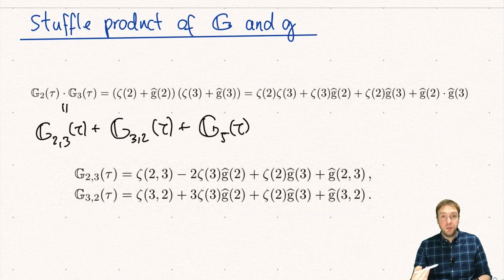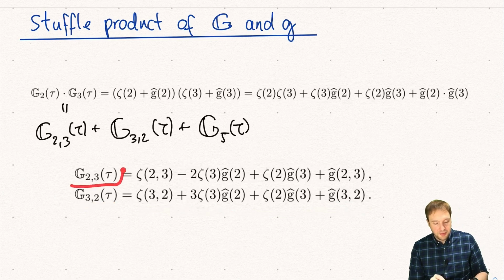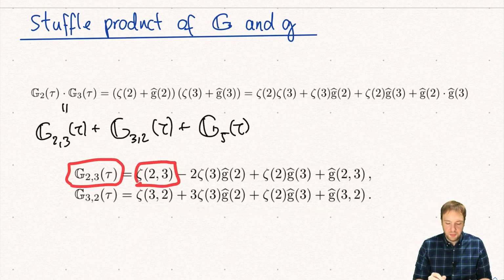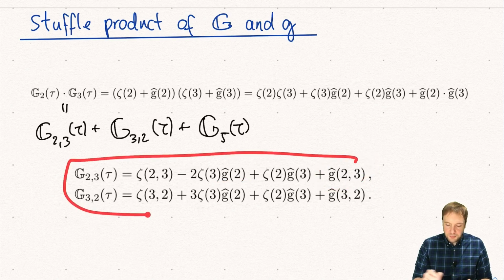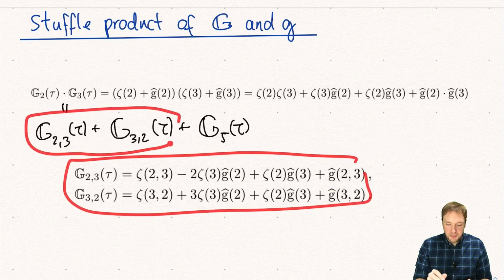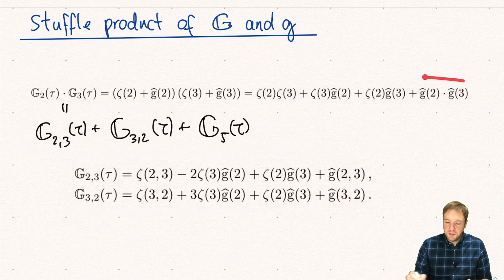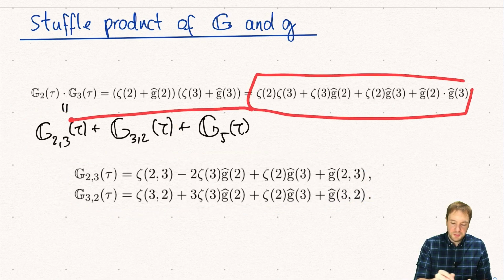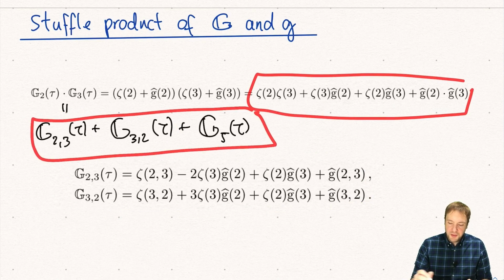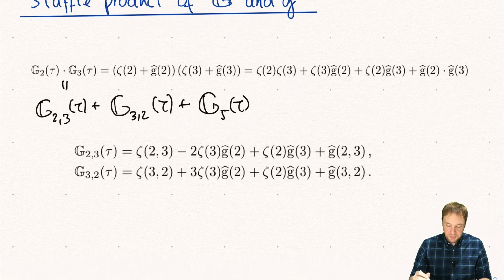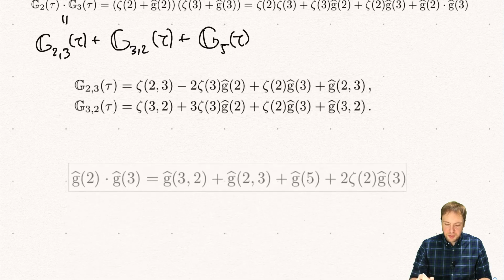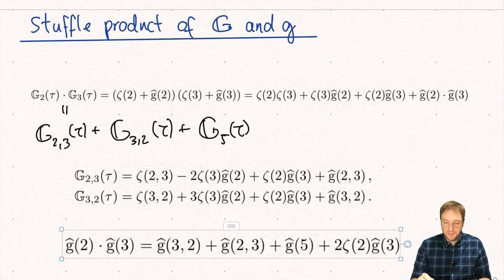So if you use the explicit formula from before, you can see that G23 is zeta 23, and then this mix here of the Riemann zeta and a single g and this g hat. So if you plug these two formulas in here, we also get an equality that this equals this. So in the end we get some expression for the product of these g hats, which is exactly given by this here.